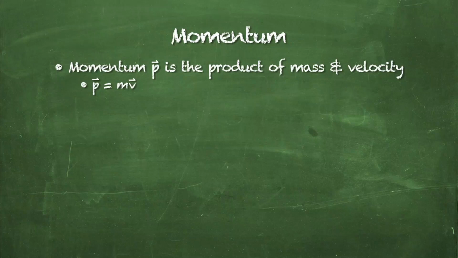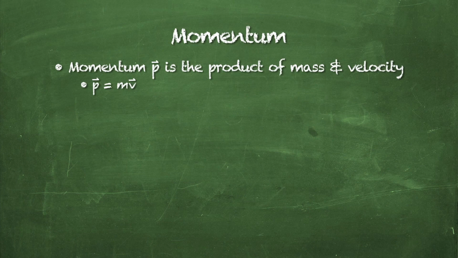In physics, momentum is defined to be the product of mass and velocity. Momentum is what you get when you multiply mass and velocity together. So in an equation, momentum, which we'll symbolize with a lowercase letter p. I don't know why, but that is the conventional symbol for momentum. p is equal to mass times velocity vector.